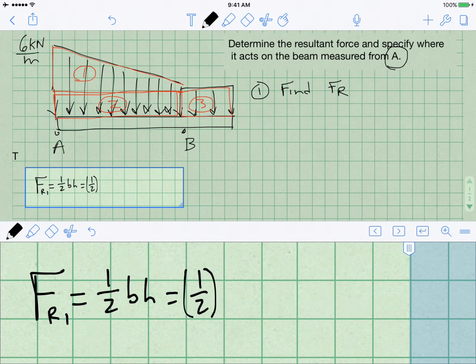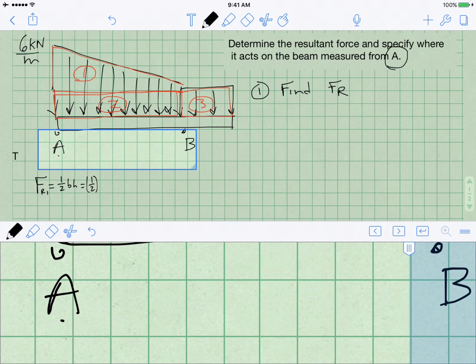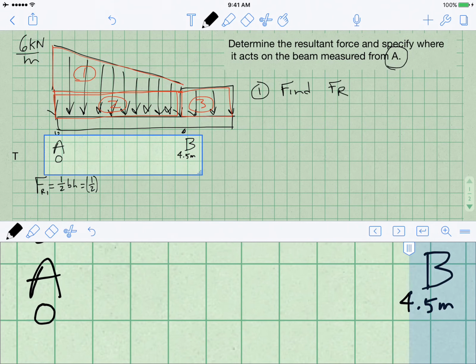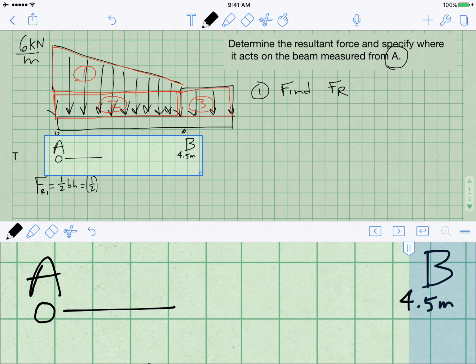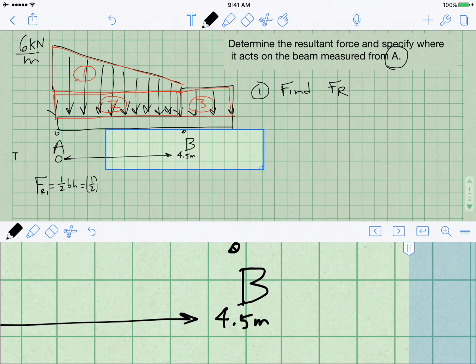This problem begins at 0 right here. Over here it is 4.5. We are in units of meters, so the distance between here and here is 4.5 meters. And the distance between B and the end is another 1.5 meters.